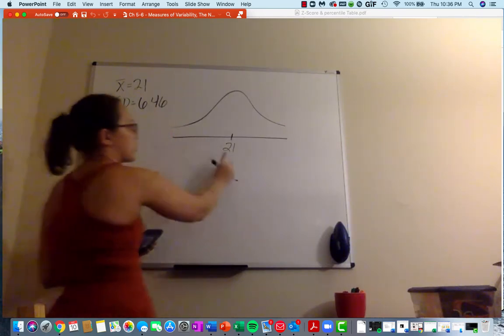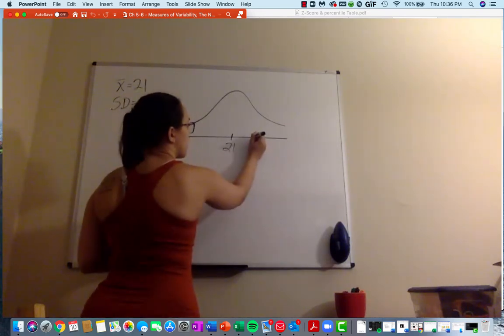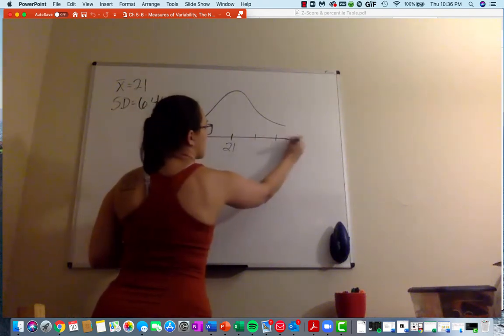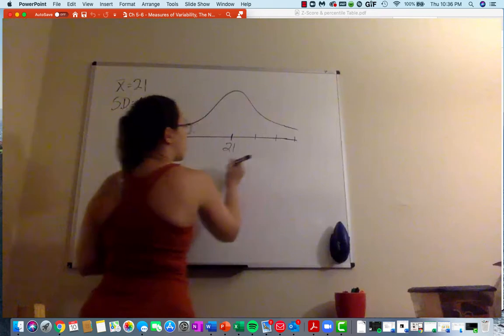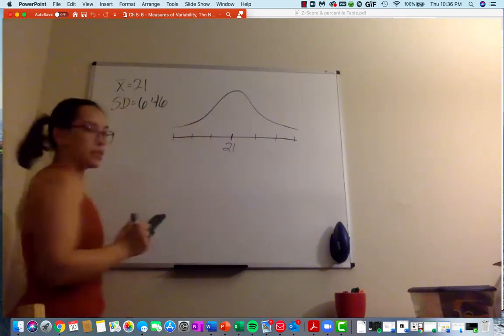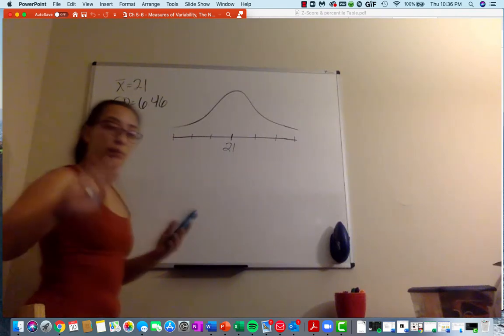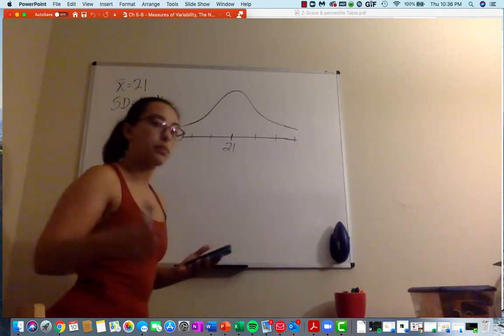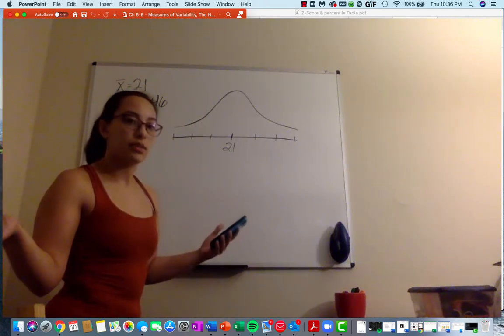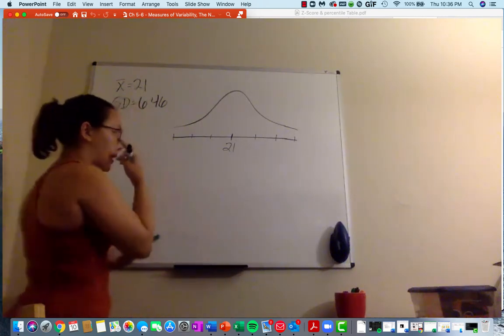Standard deviation is just going upwards, right? So we should extend that a little bit more, right? 3 standard deviations going up and 3 standard deviations going down. We don't usually go past that point because if you remember the empirical rule, almost 100% of our data is between 3 standard deviations, okay?